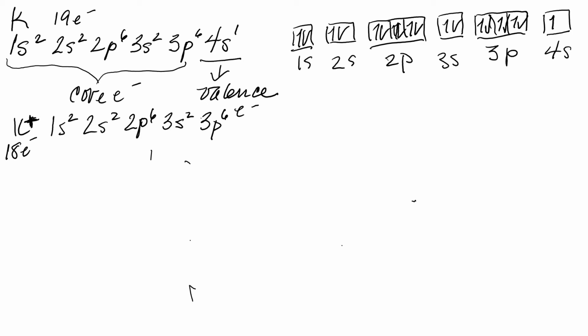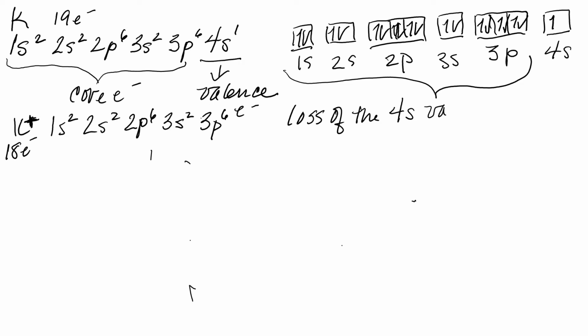So this is the electron configuration for the potassium ion. And of course, if we drew the orbital diagram, it would be represented just by this part. So you have the loss of the 4s valence electron to form that ion.